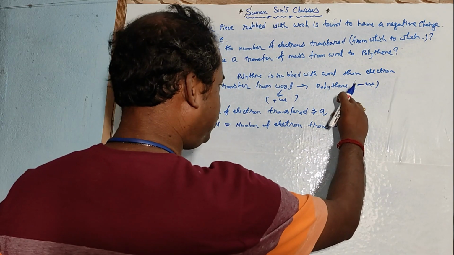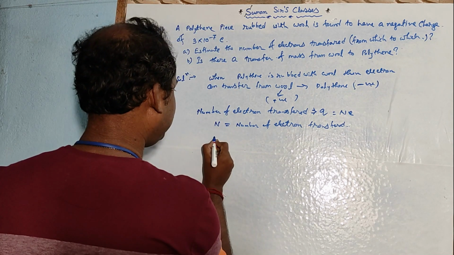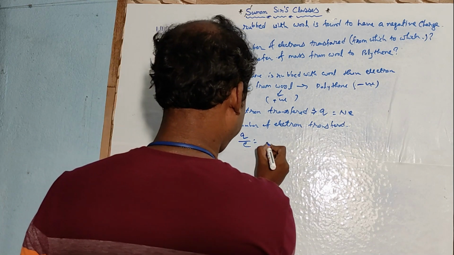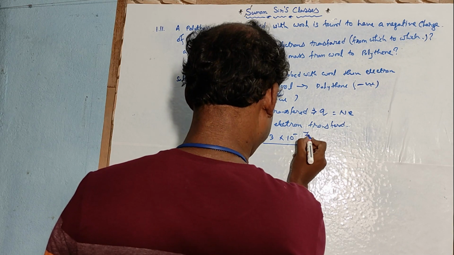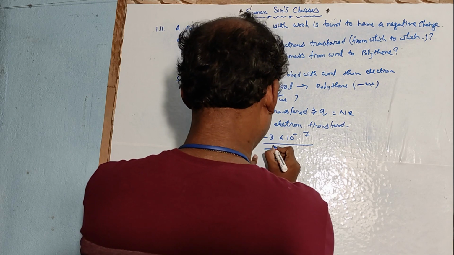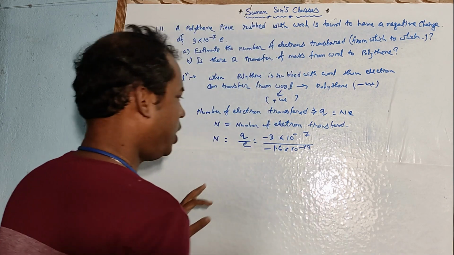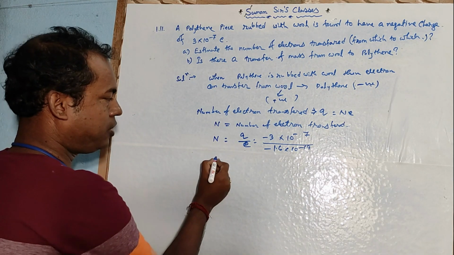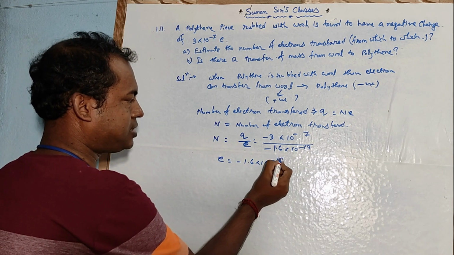Now we want to find the value of N. So N equals Q by e, which may be written as minus 3 into 10 to the power minus 7 divided by minus 1.6 into 10 to the power minus 19.